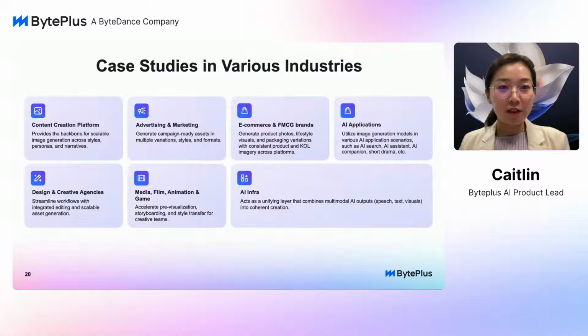And we have advertising and marketing, e-commerce and FMCG brands using it, and also AI applications, for example, our AI search and AI assistant and AI companion enterprise clients, and also design and creative agencies, media companies, and gaming and animation companies. Yeah, and also our partners in the AI infrastructure space.